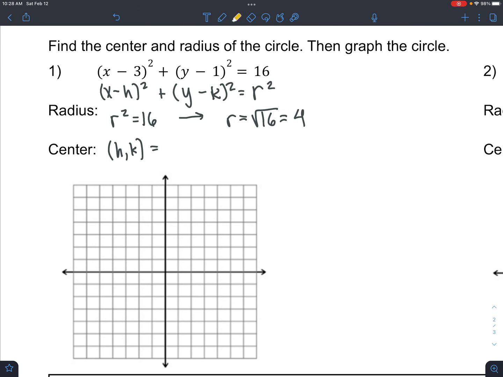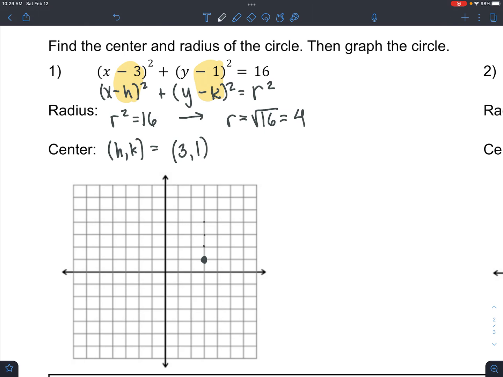And the center is (h, k). So we have to look here first and say, what does h need to be so that it looks like plus 3? And the answer to that is negative 3. It's not 3. Negative 3 needs to be h so that it looks the same. And we have the same thing going on here. k needs to be 1.